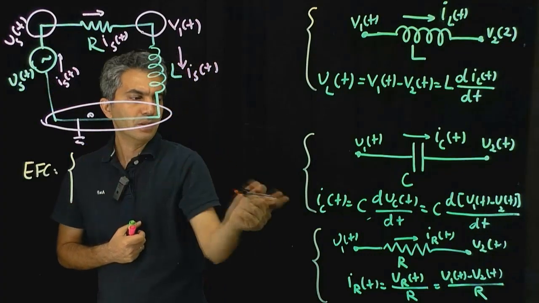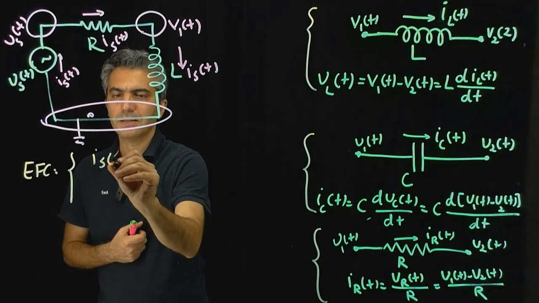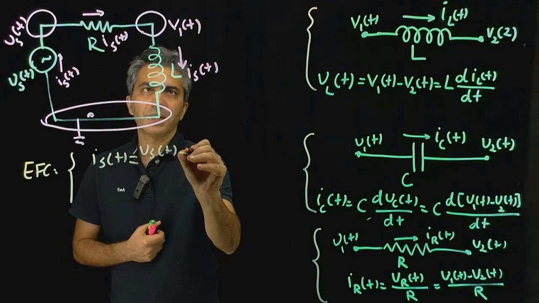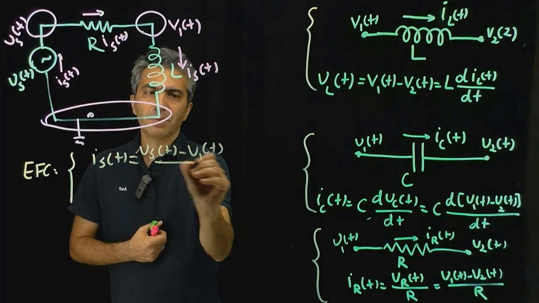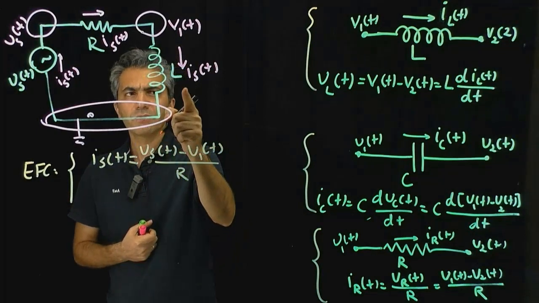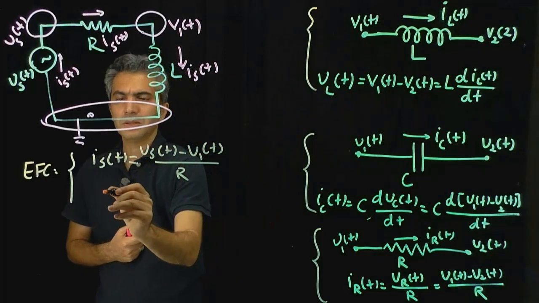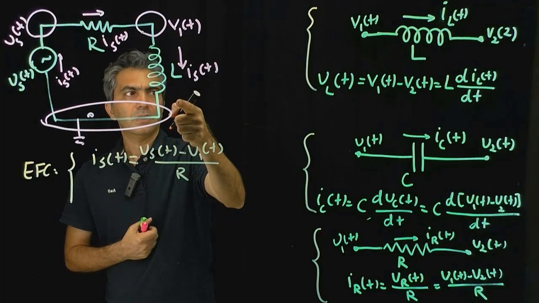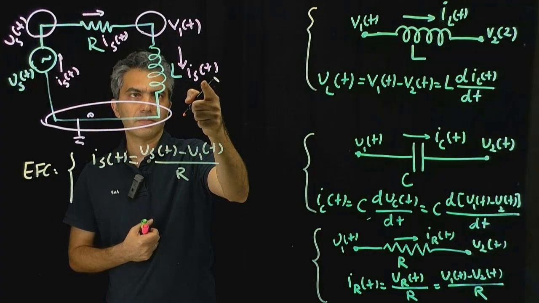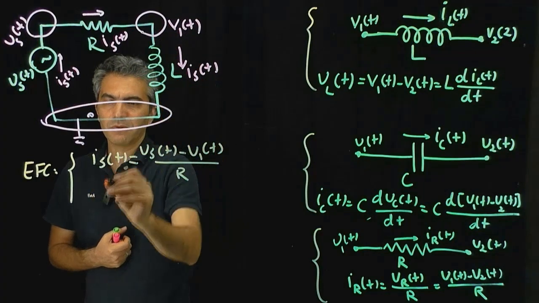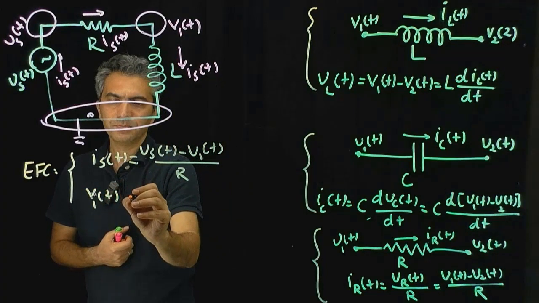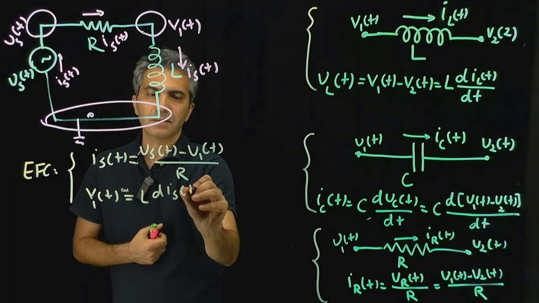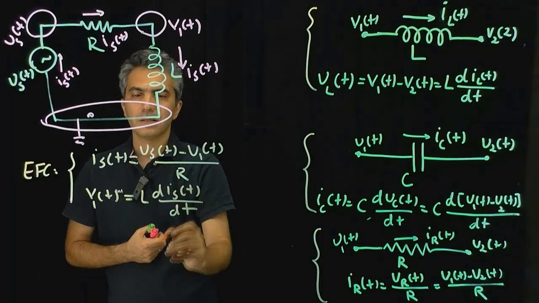The equation for the resistor is already there: IS(t) is equal to (VS(t) minus V1(t)) divided by R. The equation for the inductor says voltage here minus voltage here is equal to L times the derivative of I. So that would be V1(t) minus 0 is equal to L dIS(t)/dt.